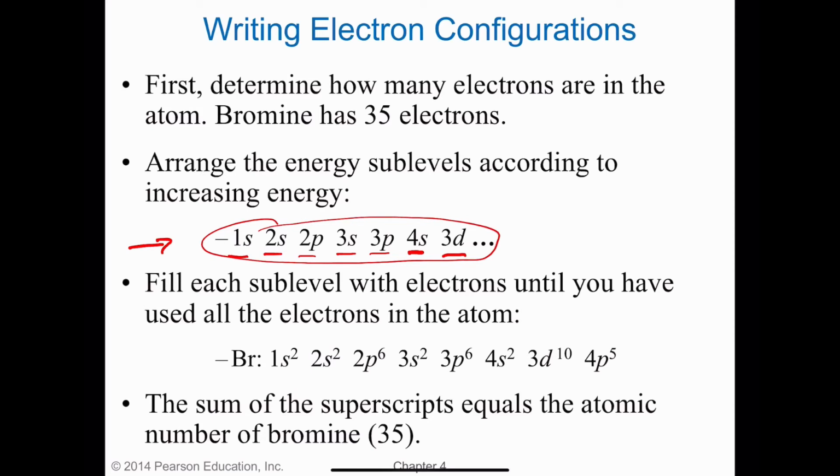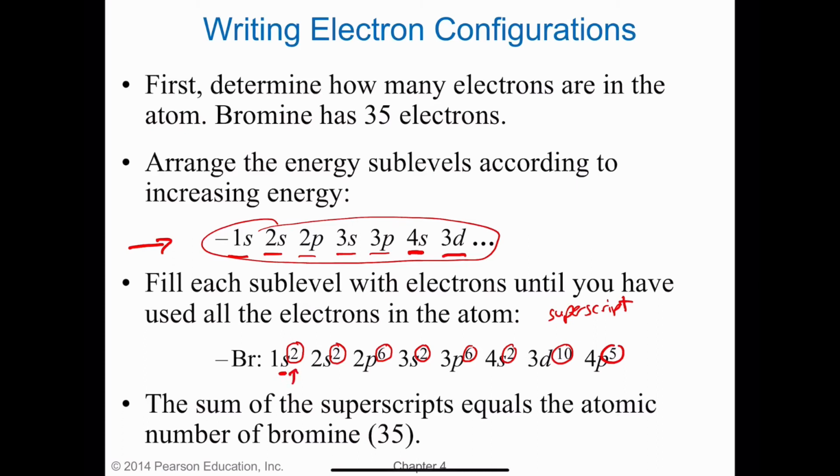Now for each sublevel with electrons, fill each sublevel with electrons until you have used all the electrons in the atom. So they're basically talking about these little numbers here. So these superscript numbers that we have here, that's referring to how many electrons are in that particular sub-level. And then notice that we said s orbitals can hold 2.